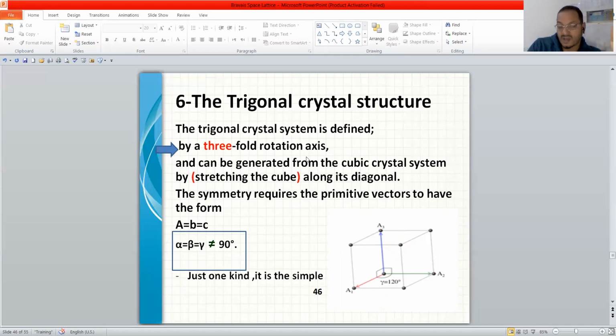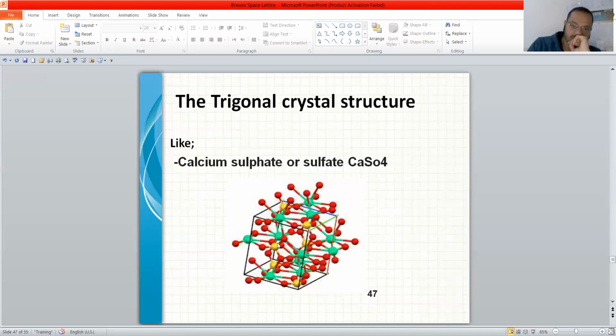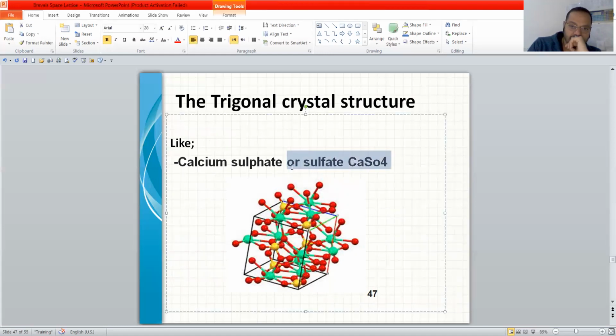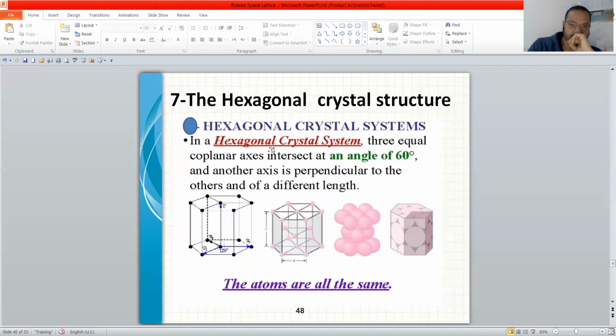All these vectors are equal, and all these angles equal each other, sorry, but don't equal 90 degrees. Like calcium sulfide.